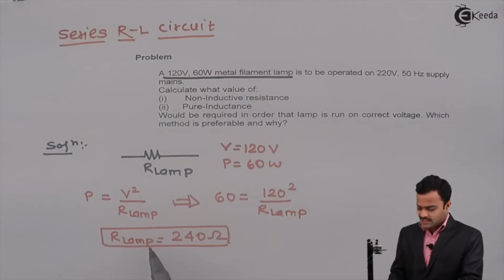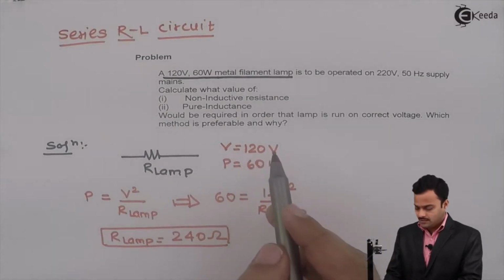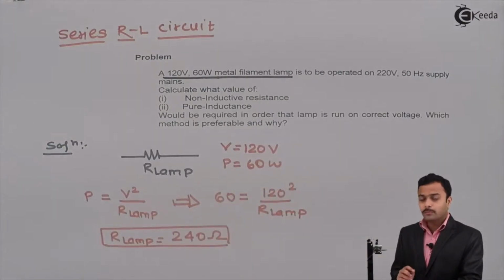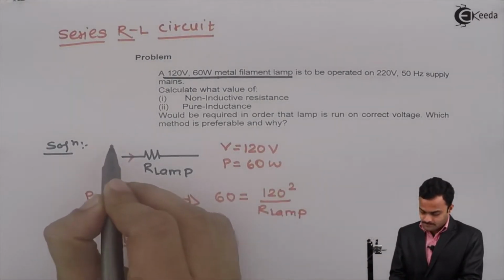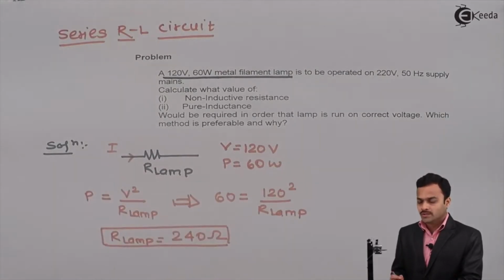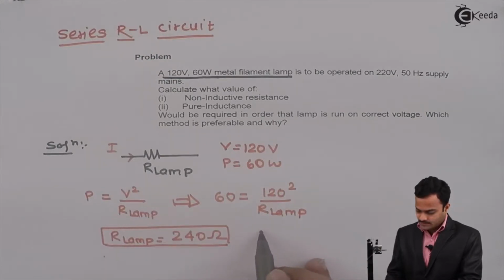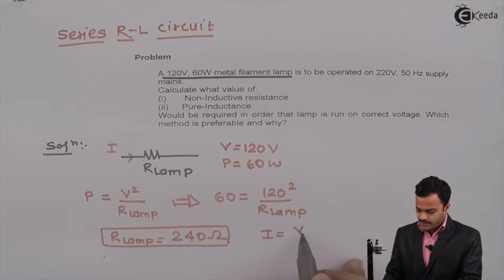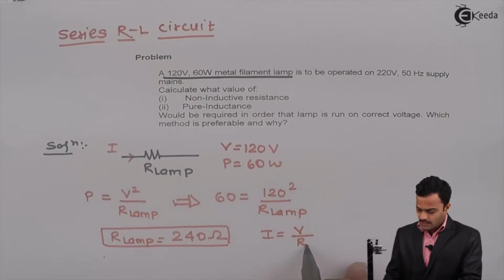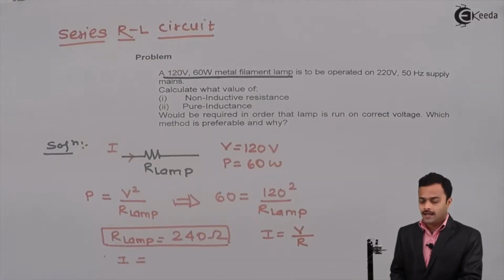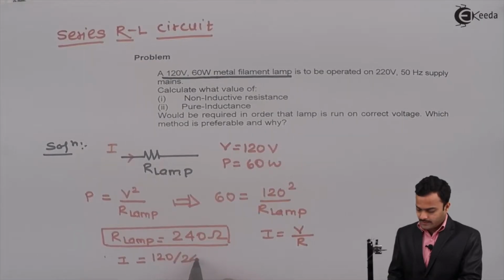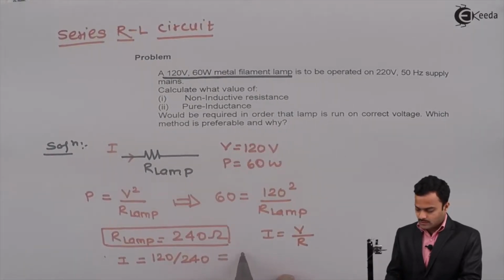Now once we know the resistance, and voltage is already given, I can get what should be the current flowing through this lamp in order to get 60 watt power. So I is nothing but V divided by R. If I solve, I get I as 120 divided by 240, which is nothing but 0.5 ampere.